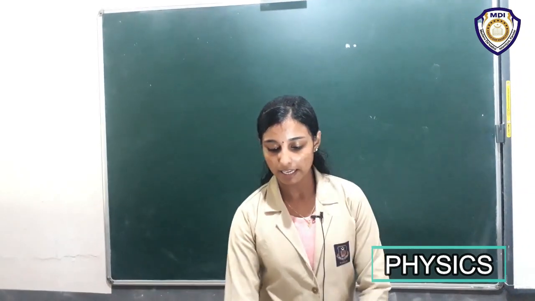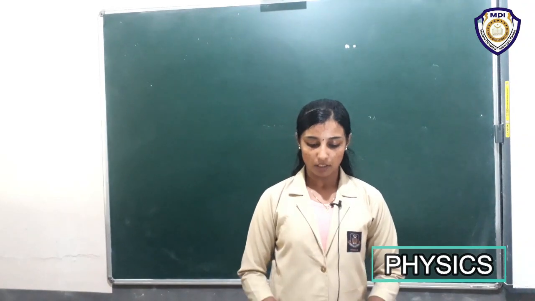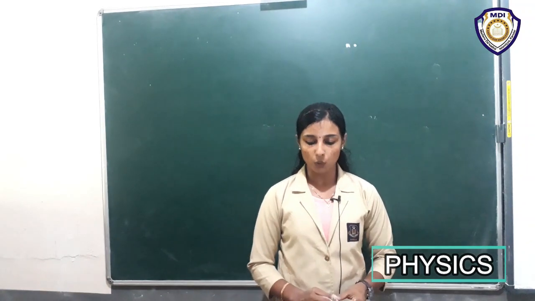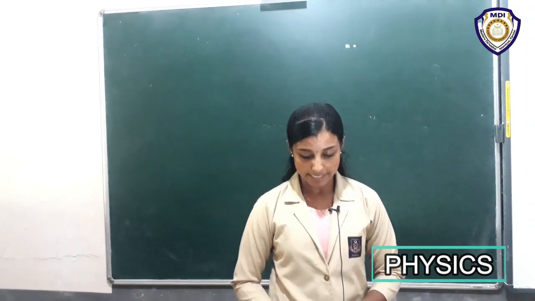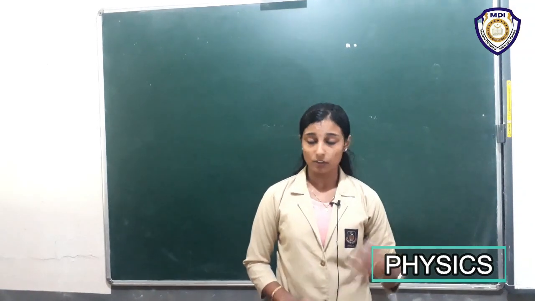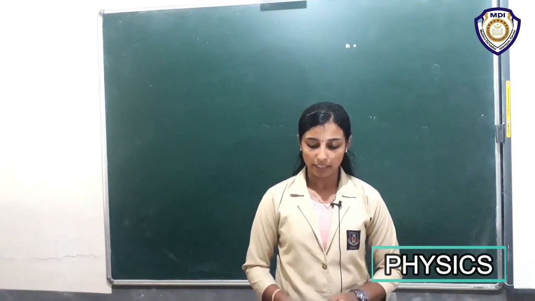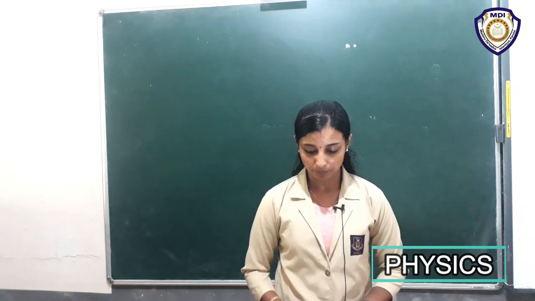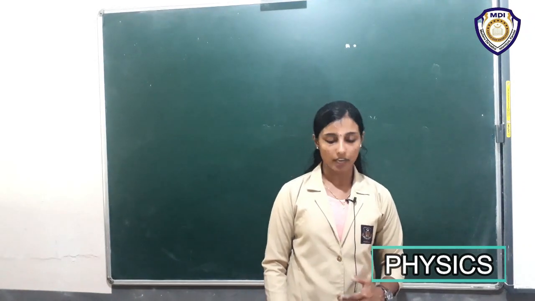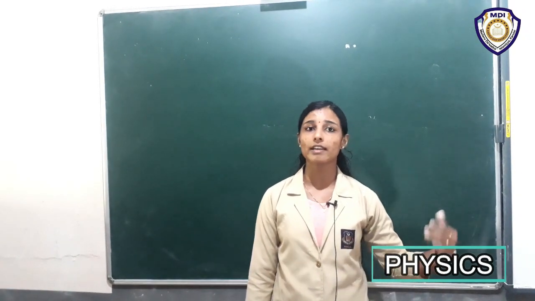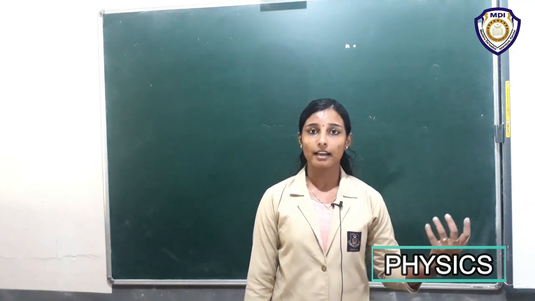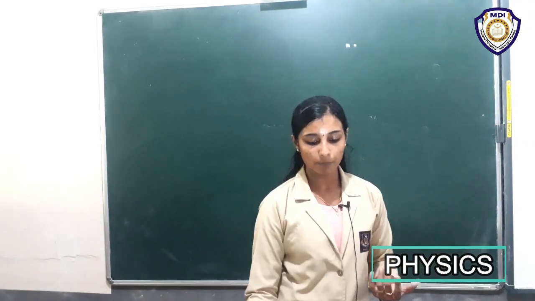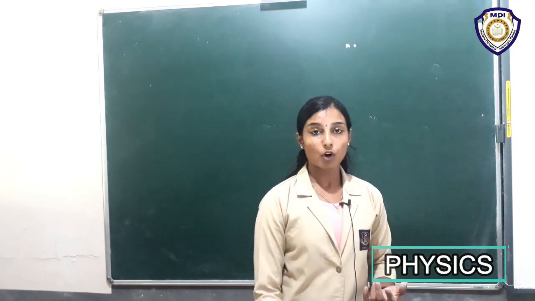So those symbols we have to study now. We know that an electric circuit comprises a cell or battery, a plug key, electric components and connecting wires. All these things we have already seen in the diagram, that is figure 12.1.